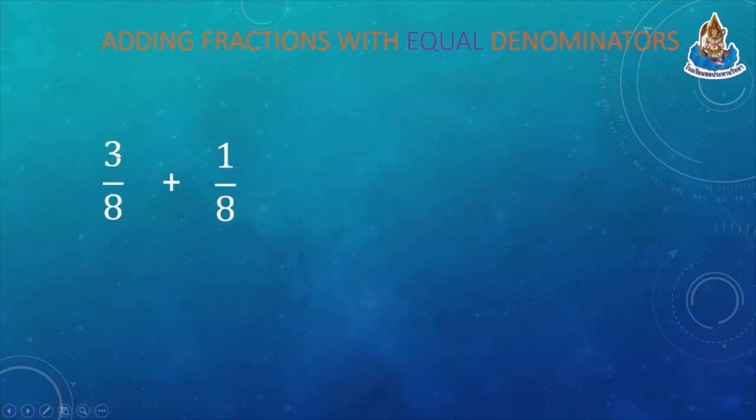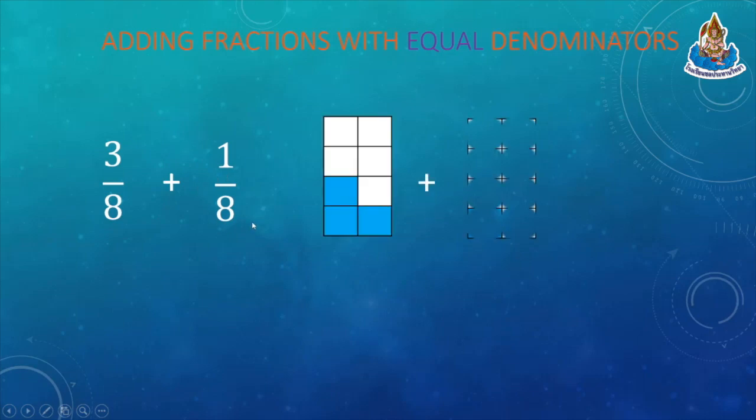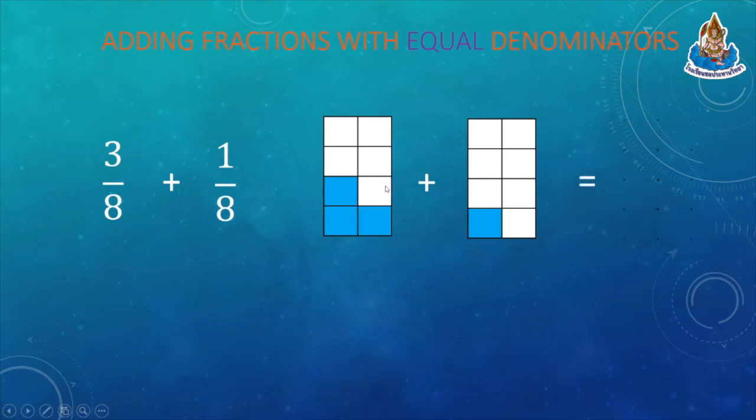We need to add 3 over 8 and 1 over 8. So we have 2 rectangles divided in 8 equal parts. One rectangle has 3 parts colored, another one has 1 part colored. If we take this one part and add to the first rectangle, we will have 4 colored parts out of 8 in total.